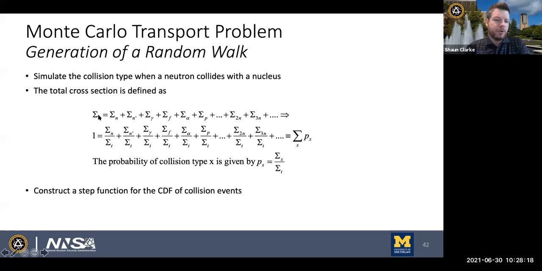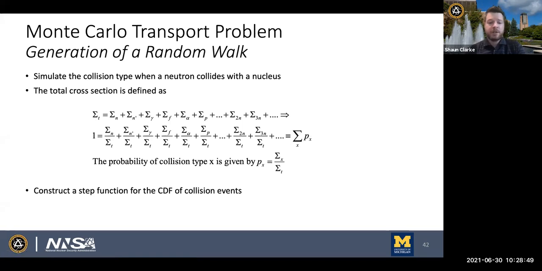So sigma total over sigma total becomes 1, and each of these cross sections on the right then becomes a partial cross section. They're each divided by their total. And we can define this as essentially the probability of a given interaction type x. So in this notation, this little x can be (n,2n) or gamma or fission. This is the probability of each individual reaction type occurring.